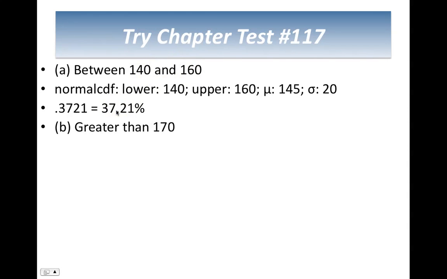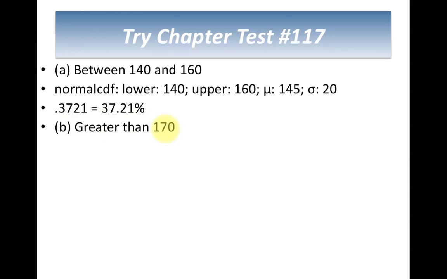The probability that a person has blood pressure greater than 170. So it's similar because we're still using normal CDF, but instead of finding the area between two finite values like letter A has, between 140 and 160, greater than 170 means that we're going to find the area from 170 all the way up, because it says greater, up to positive infinity.